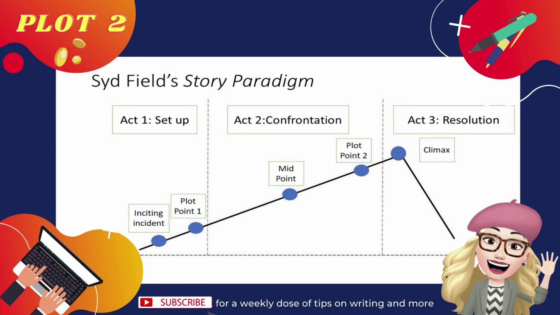And then if we move to the next stage, according to Christopher Booker, for the Rags to Riches plot, the independence and the final ordeal, that would fall into Syd Field's resolution in his Act 3, because during that time loose ends are being tied up, so we have the plot moving towards its end.